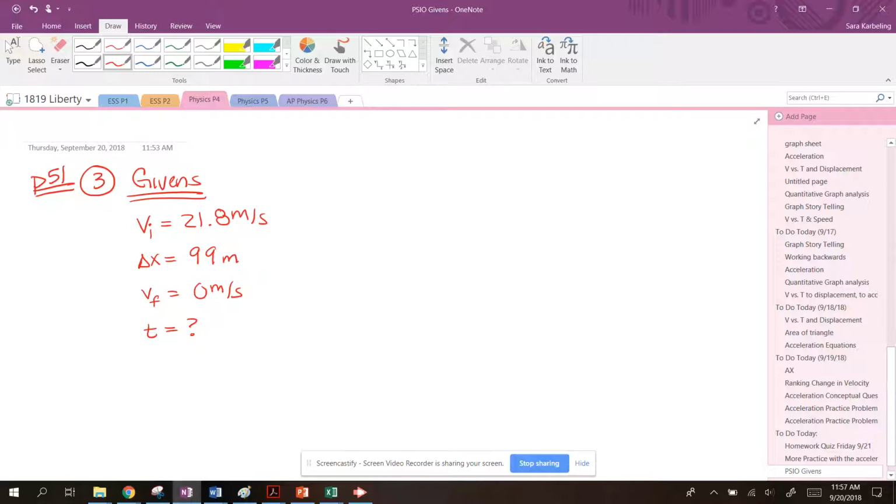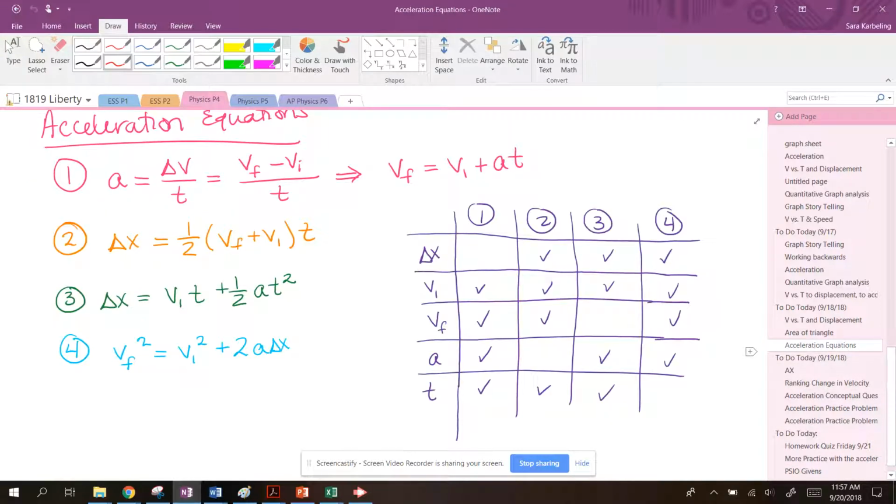No, doesn't matter. So we're going to look at my little list. There it is. So we have VF, we have VI, we have displacement, and we're looking for time.